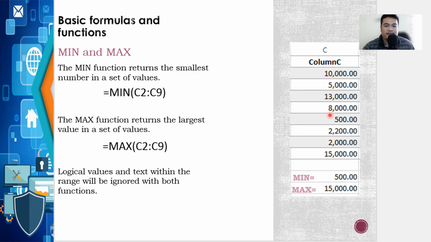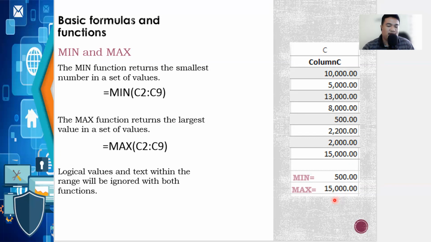So in here, 500 is the smallest number, so it will return the number 500. And of course, max, it will return the highest or the largest value within the set of values.